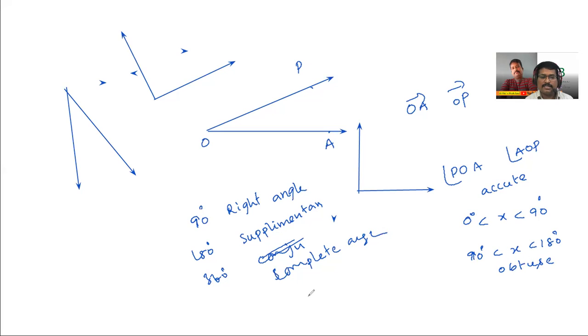Next, when X is an angle greater than 180 degrees and less than 360 degrees, then we call it reflex angle. Reflex angle. Am I right, Nana? Right. So I need to draw the angles.